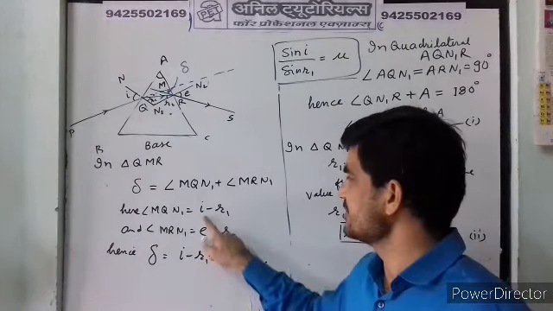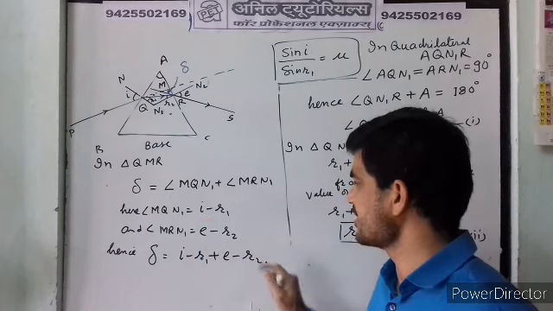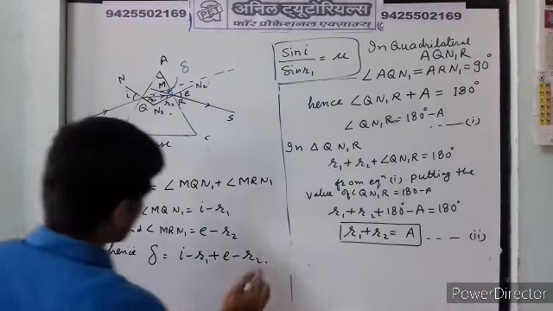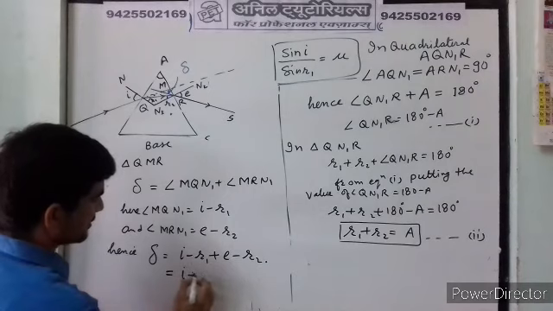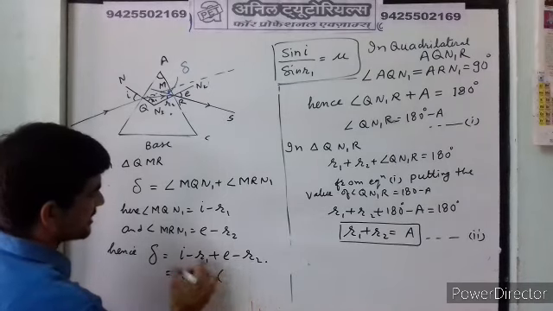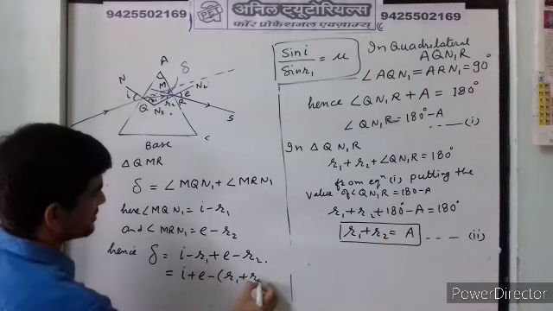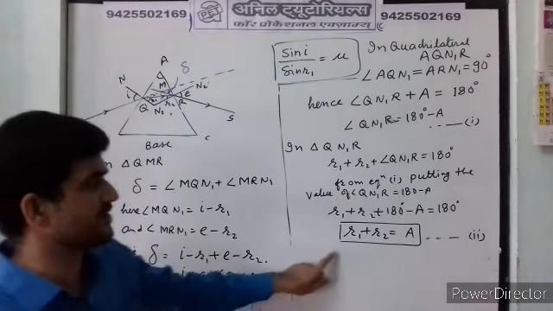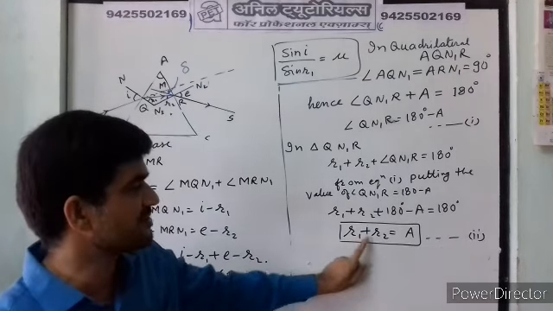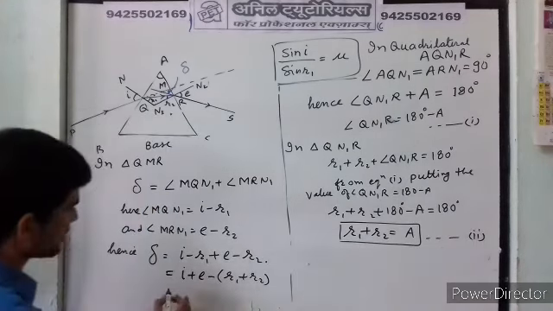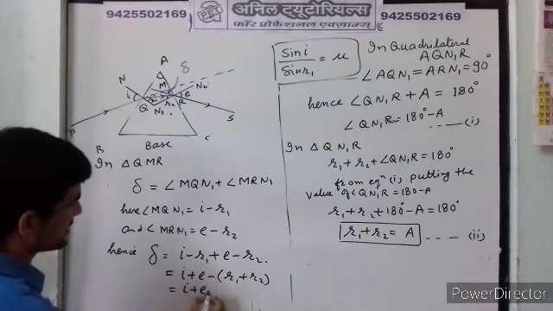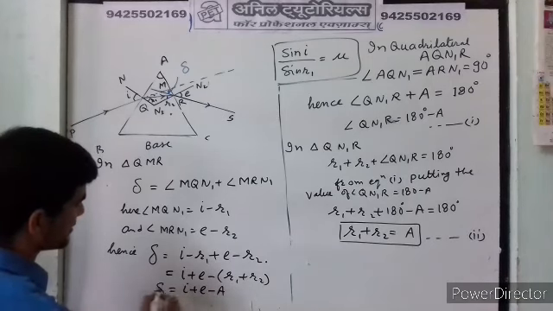Now take R1 and R2 together. Take the minus sign common, R1 plus R2. And from equation 2, we have R1 plus R2 is equal to A. So we'll get I plus E minus A is equal to delta.